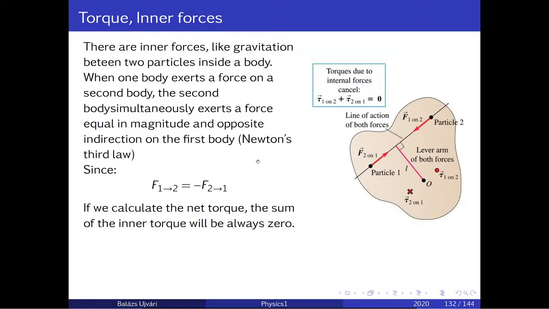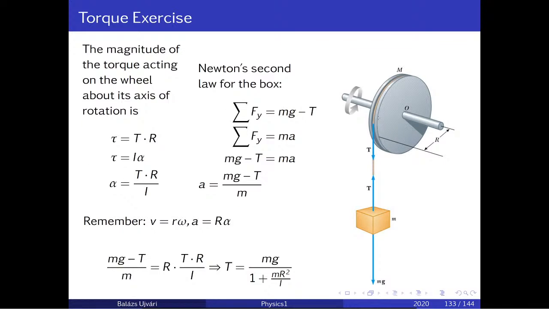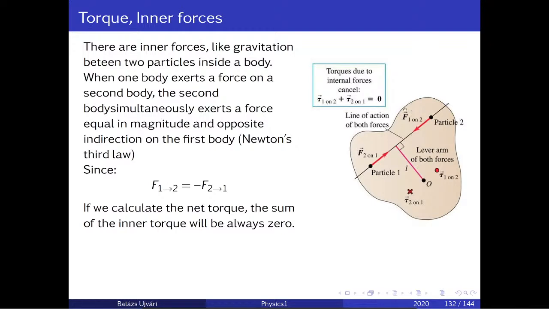Inner forces. If we have an axis of rotation O, and if there are two particles, and let's assume there is an electrical or gravitational force between these two, we can calculate the torque.